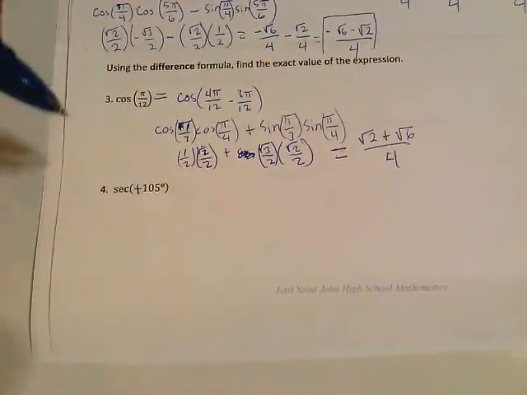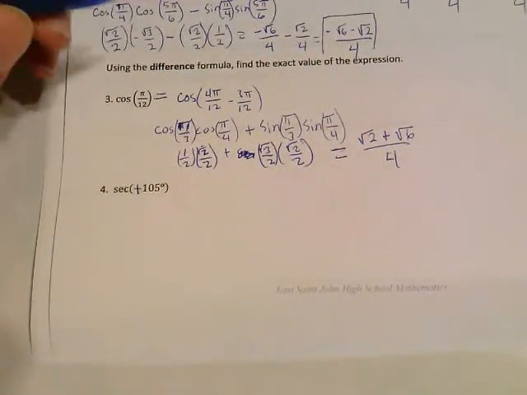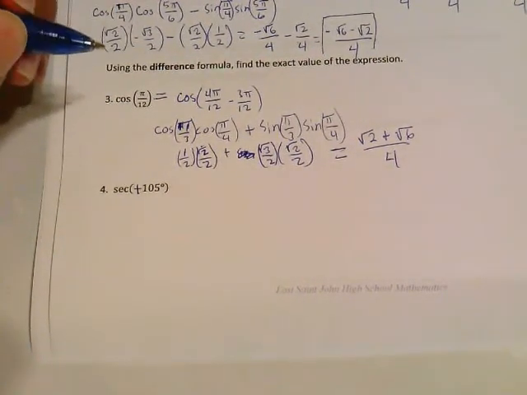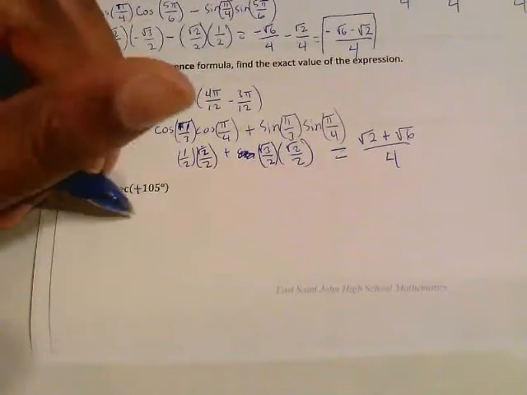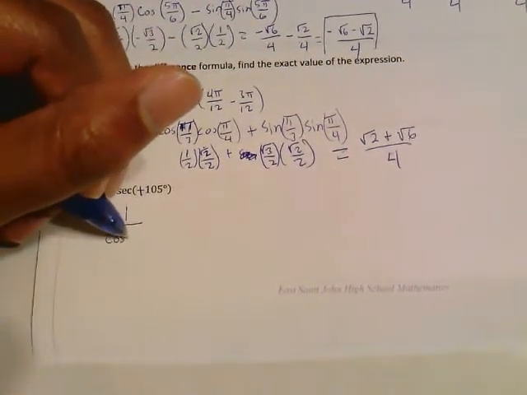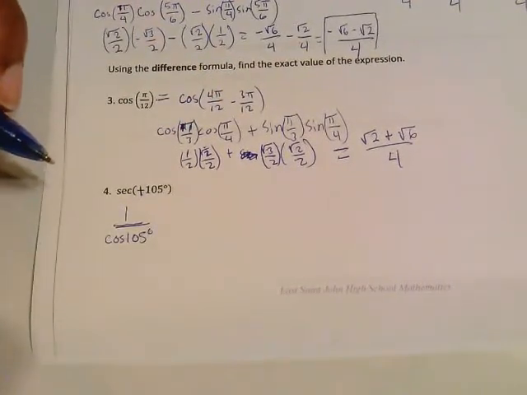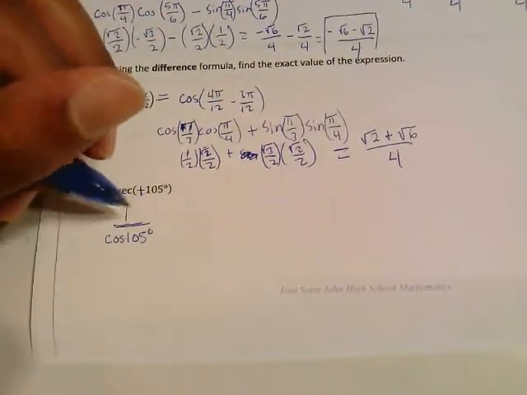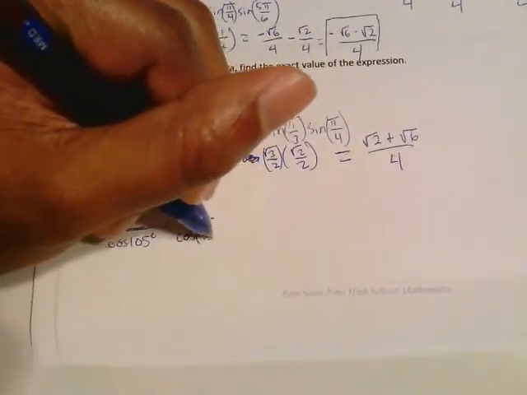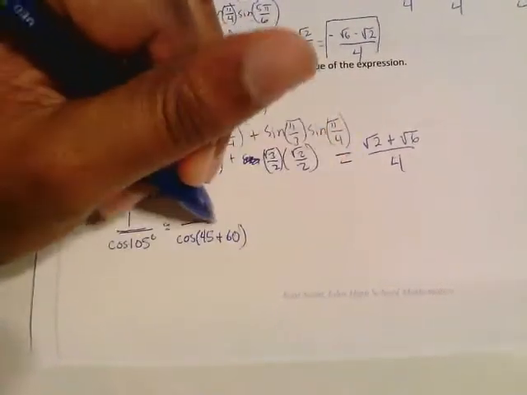Now we need to apply our reciprocal identity. So we'll change this to 1 over cosine of 105 degrees. So now we can plug in our formula. We need to change the 105, so let's decompose it. That would be 1 over cosine of 45 plus 60.